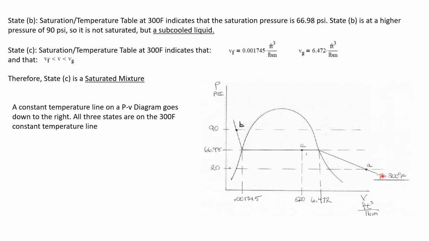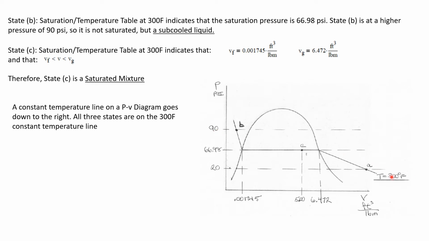So we'll call this our 300 degree Fahrenheit constant temperature line. Okay. And then we can put our pressures in. We know that at 300 degrees Fahrenheit, the saturation pressure is 66.98 psi. So we can put that right here. 20 psi is below that, and 90 psi is above that.